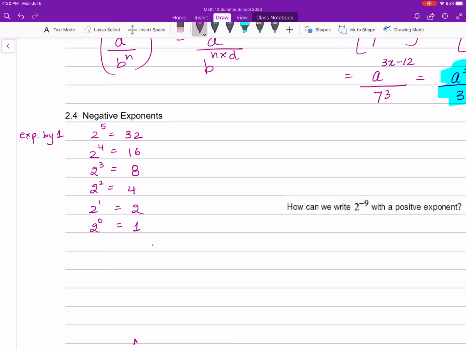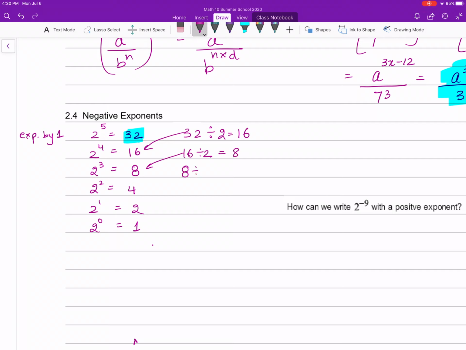Now let's look at the pattern. If I take this 32 and divide it by the base, which is 2, I get 16. And this 16 is the answer for the next expression. Now if I take 16 and divide by the base, which is 2, I get 8, which is the next value.